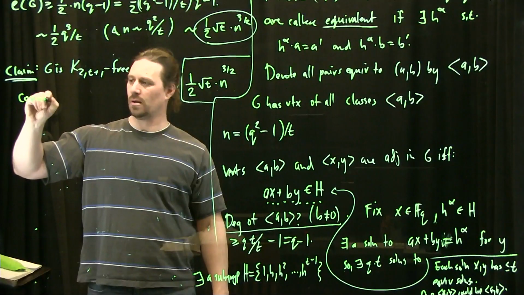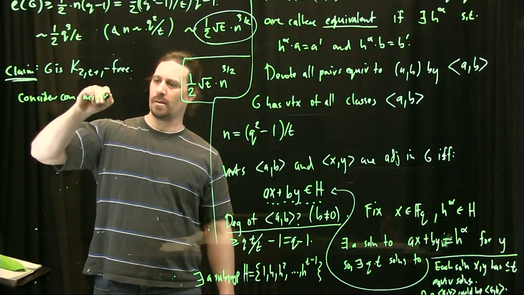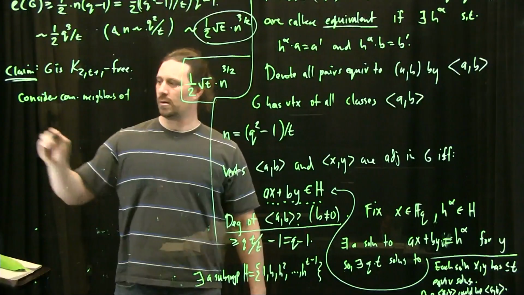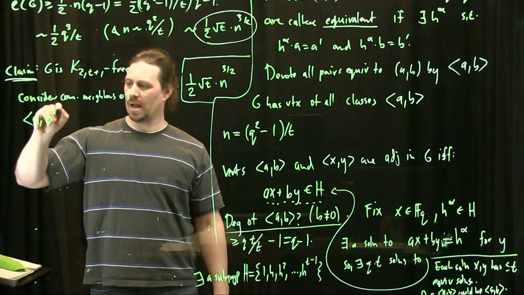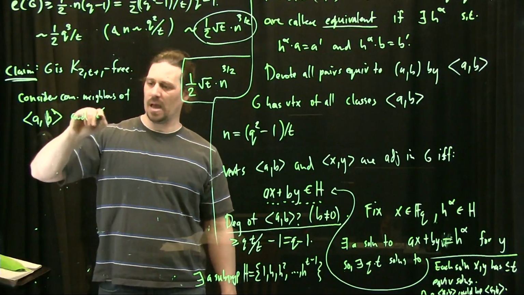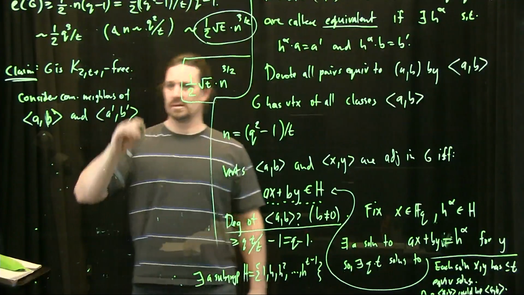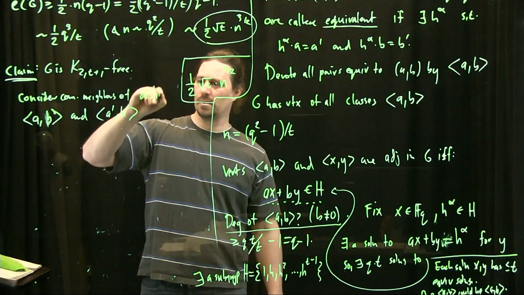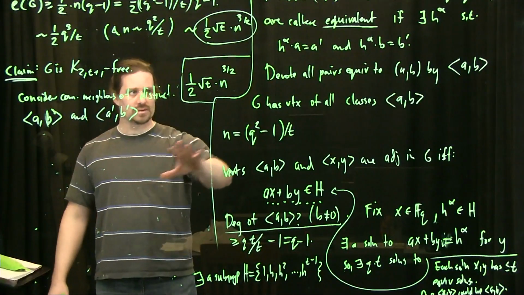So consider common neighbors of the AB class and the A prime B prime class. Okay, let's say these are distinct classes. So this is a little confusing.